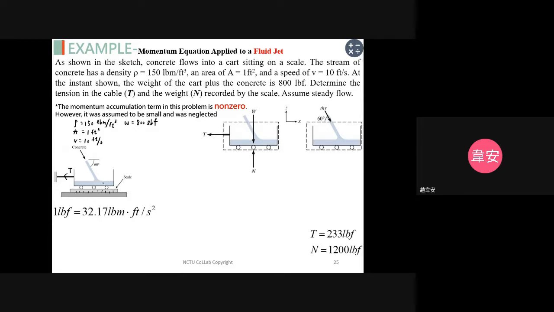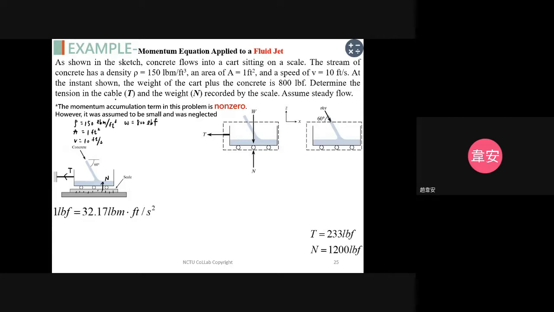The weight is the normal force N recorded by the scale. Based on the momentum equation, we know that the external force is equal to the momentum change in the control volume with time plus the net momentum flow.